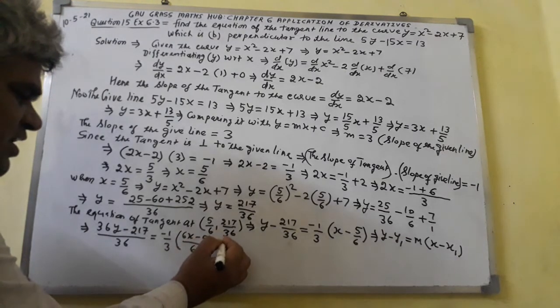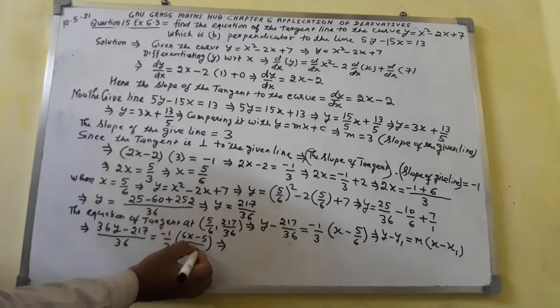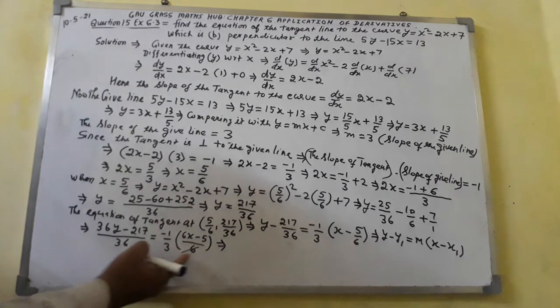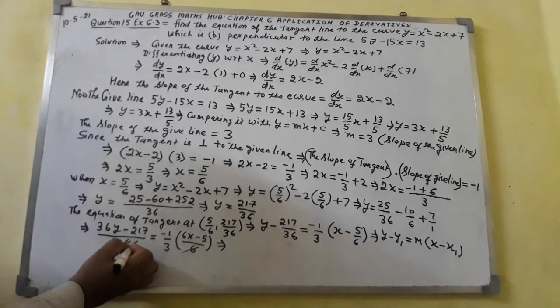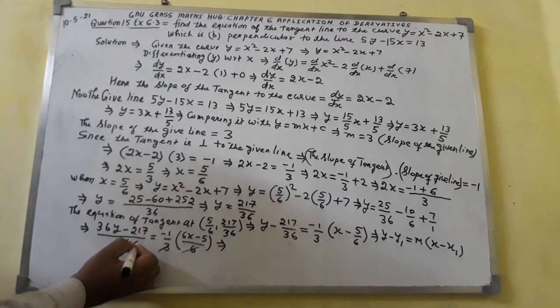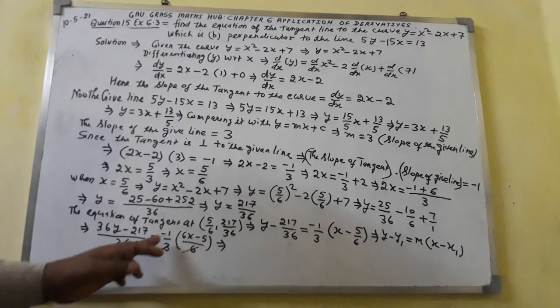Again here I shall write, implies that here just cancel out. 6 will be cancelled out to 36. We'll get here 6, 6 is a 36. Here 3 and 6 will cancel, I will get here 2. So these 2 will move back to this place.